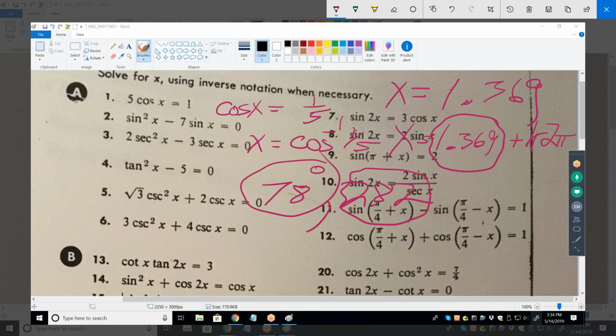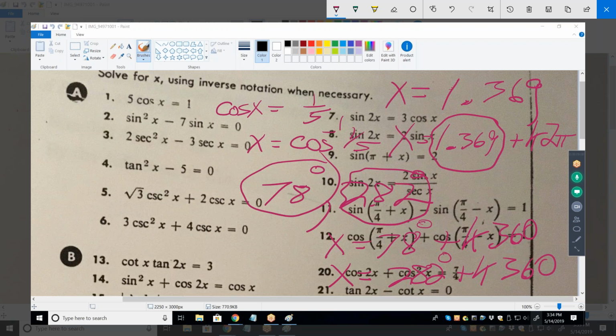So those are the two angles in the unit circle, but they don't restrict this to the unit circle. So your answer is 78 degrees plus k times 360, all multiples, all coterminal angles to that, and 282 plus k times 360.